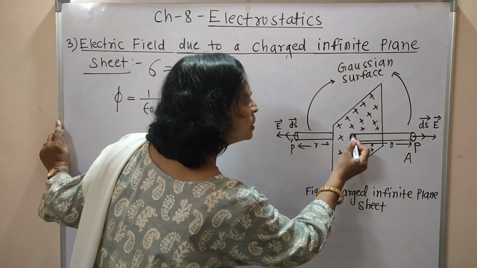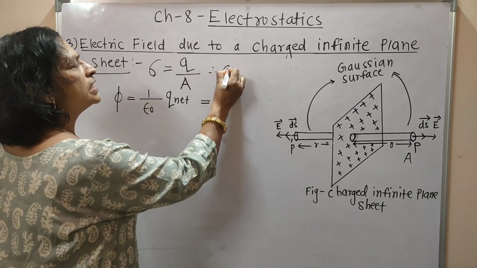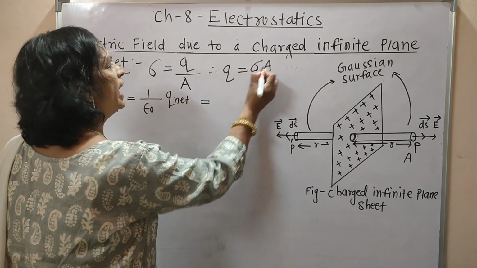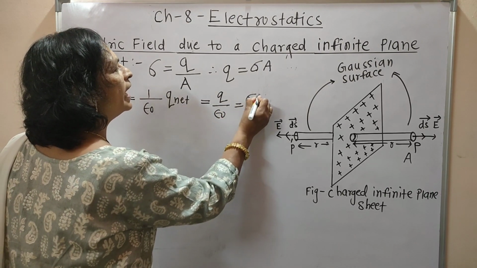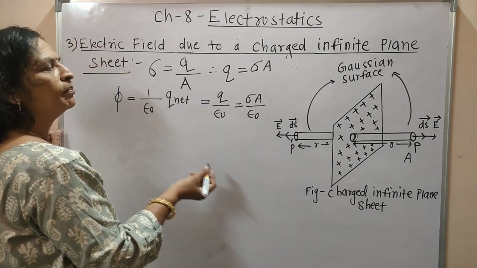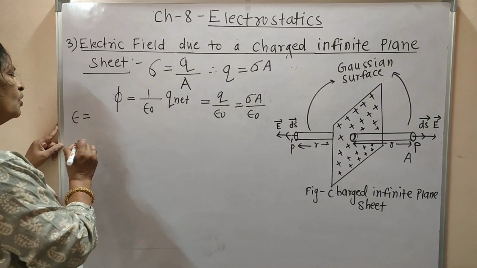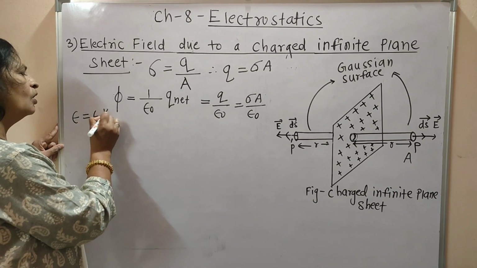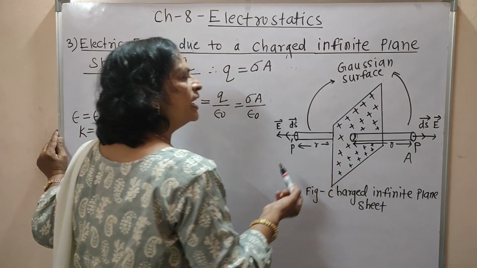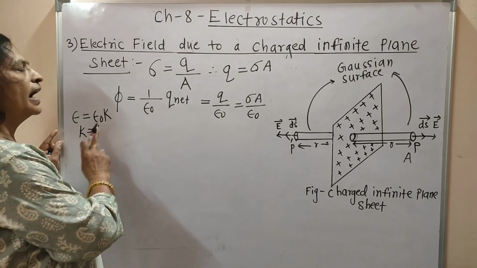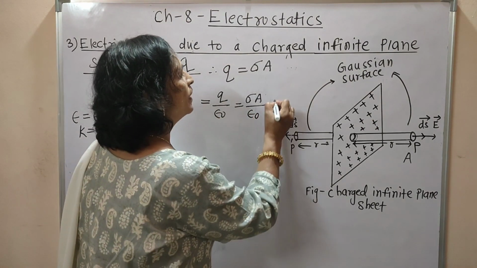The charge enclosed is equal to sigma into A, and therefore Q divided by epsilon naught is sigma A divided by epsilon naught, because we consider the medium to be air. Epsilon, the permittivity of medium, is epsilon naught into K, and for air medium K equals 1, so the permittivity of medium is epsilon naught, and this is equation number 1.